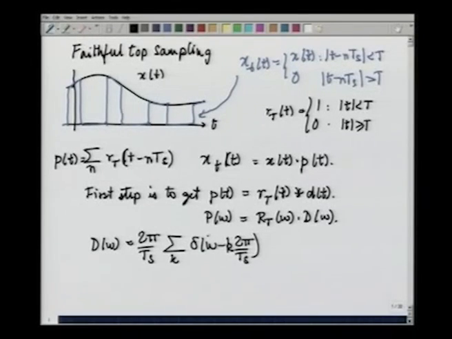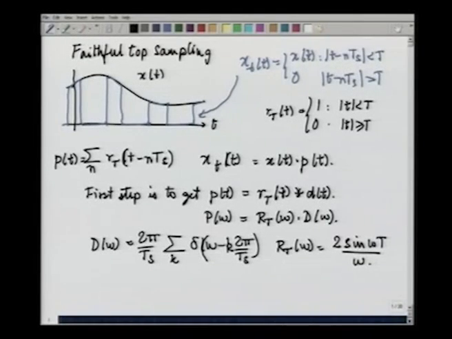This was d of omega. R t of omega was given by 2 times sin omega t by omega, right.